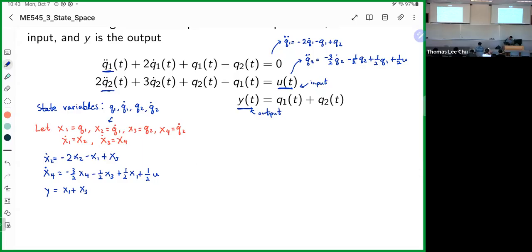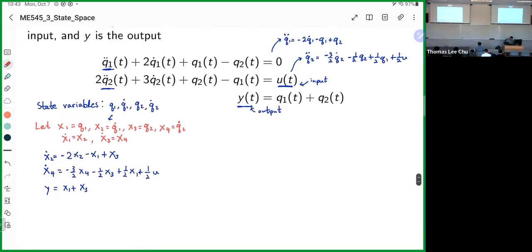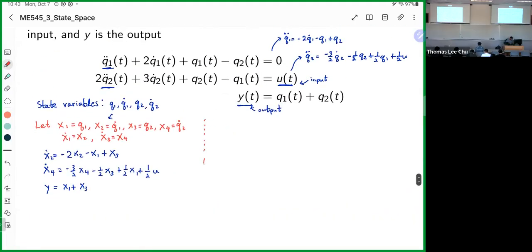Okay, so then let's put it in state space form. Maybe I'll go to the right column. Put the differential equation in state space form.